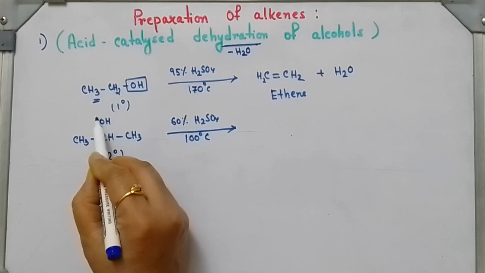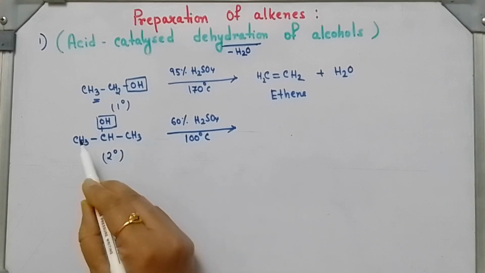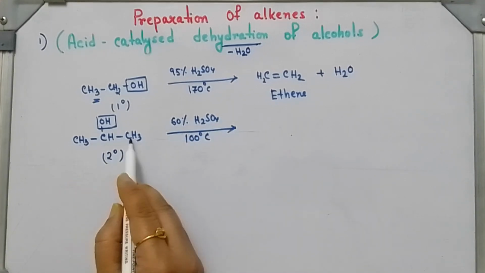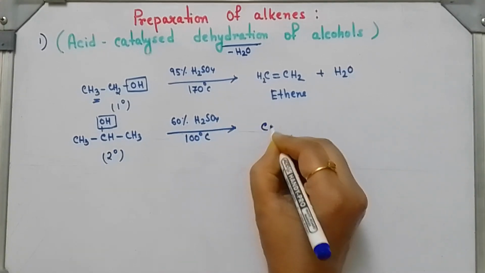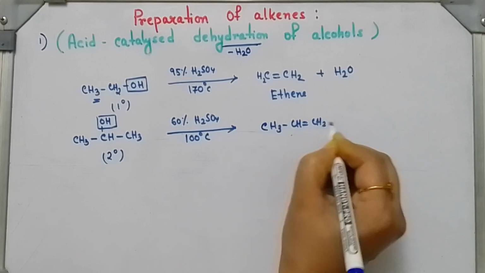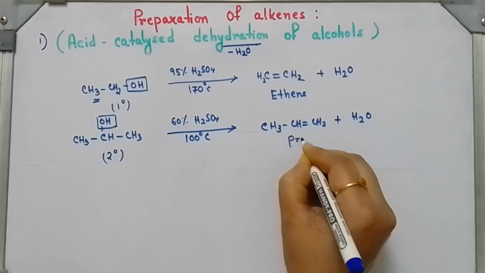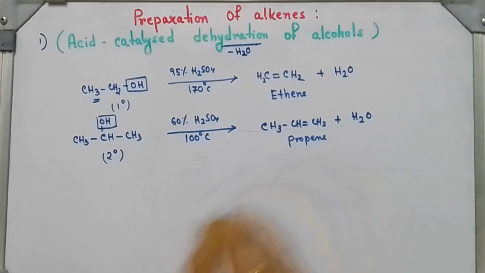Removal of water takes place from OH and from H on either side, because these two are symmetrical positions. We will get CH3CH=CH2, propene, plus water. So this is also an alkene.